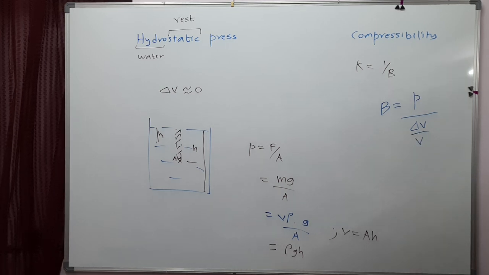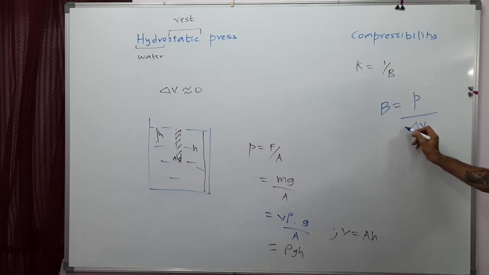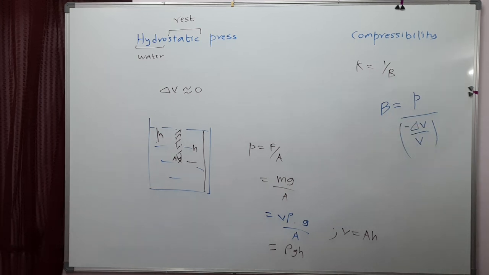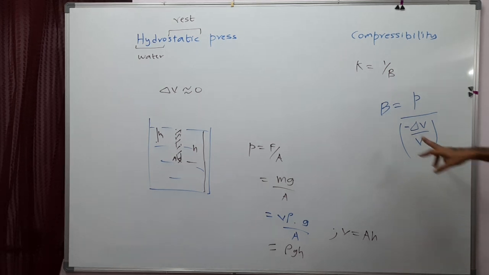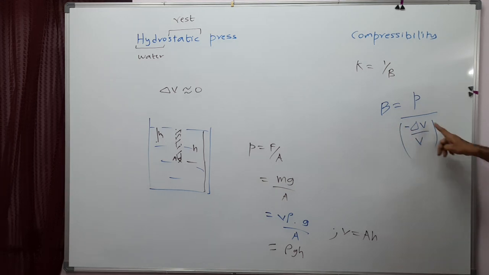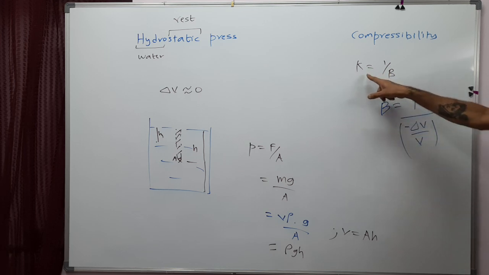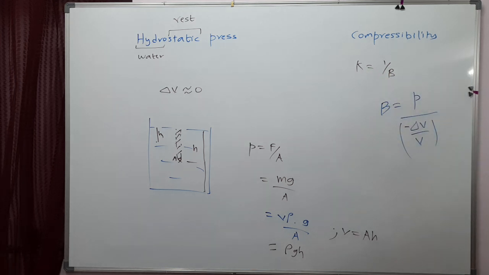When pressure is applied, the volume will decrease, so the change in volume is negative. So you put a negative sign to make this quantity positive. This is how compressibility of a fluid is defined. The unit of bulk modulus is pressure, since strain is a dimensionless quantity. So if P is in Pascal, bulk modulus is also in Pascal, and compressibility is in 1 by Pascal.